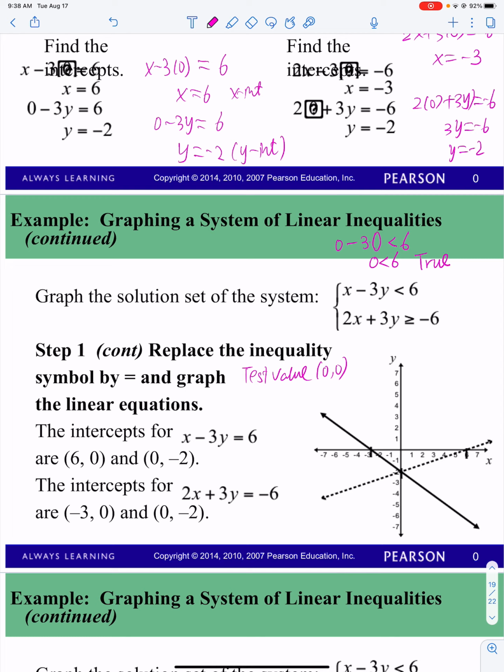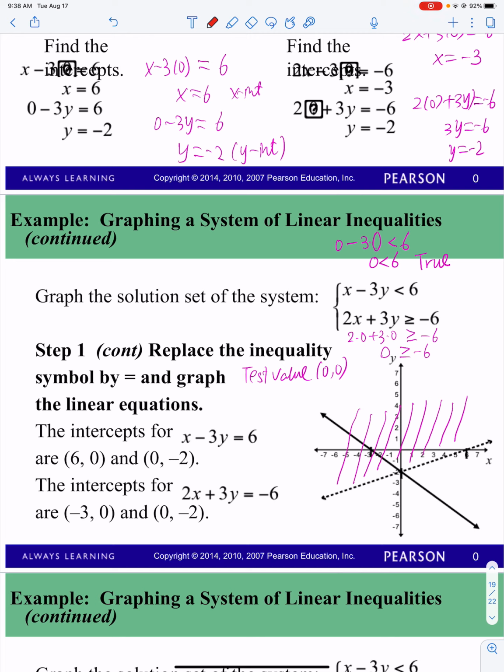True. So what does this mean? We want the 0, so we want to shade the area with this one. Then for the second, 2 times 0 plus 3 times 0 bigger than or equal to negative 6. This means 0 bigger than or equal to negative 6. Do you think this is true? Yeah, so this is true too.